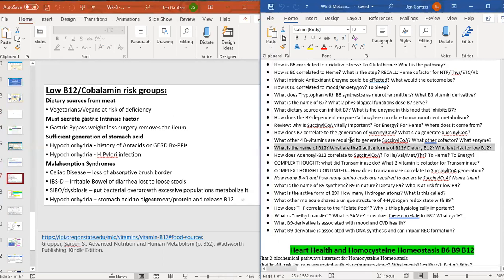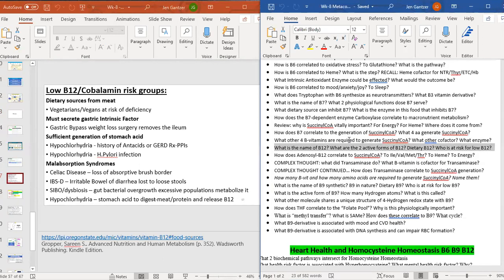Now, you can dietarily take other forms if it's in a supplement. Hydroxycobalamin is very popular. However, hydroxy is not one of the active forms. Cyano is another one. Cyano gets a lot of bad rep. I don't know, the literature is mixed.